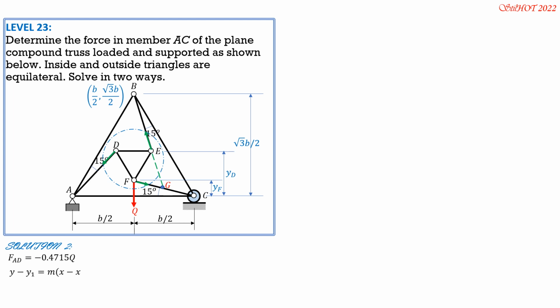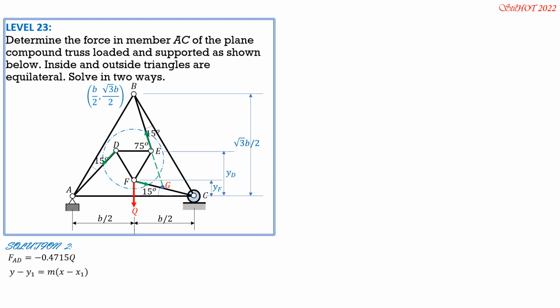This is the equation of the line in point slope form: y minus y1 equals slope times x minus x1. The slope is simply the tangent of the angle it makes with the positive x-axis in counterclockwise direction to make it positive. Or if it is in clockwise direction, then make the angle negative. Tangent of the angle it makes with the horizontal. Clockwise negative, counterclockwise positive. Remember from trigonometry.